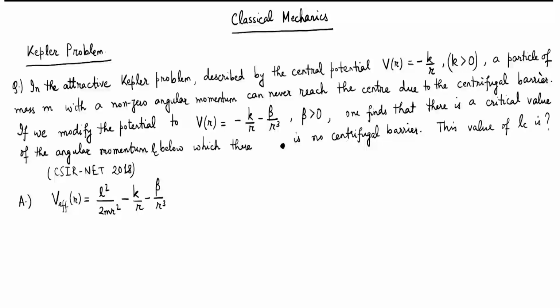If you differentiate, you get dV effective by dr equals 0. That is the extremum of the potential, that is a stable orbit. Everybody got it?